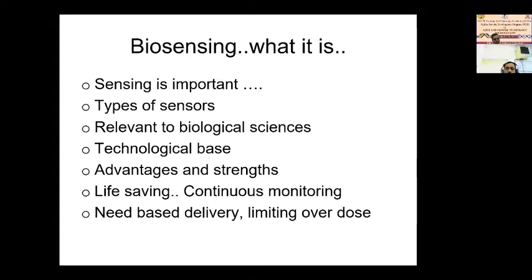As you have seen, all the sophisticated devices, whether a rocket, your car or your mobile, have hundreds of sensors, and any device's sophistication is based on how many sensors it has in it. So the use of sensors is basically increasing. Your newer mobile may have more sensors compared to the older version. Then we will discuss the technological base of these sensors. All the sensors work on different technologies.